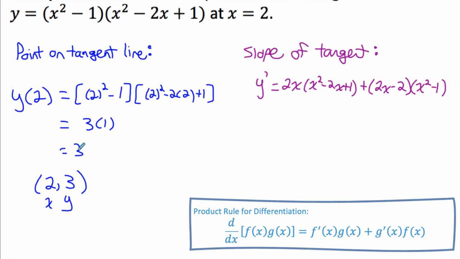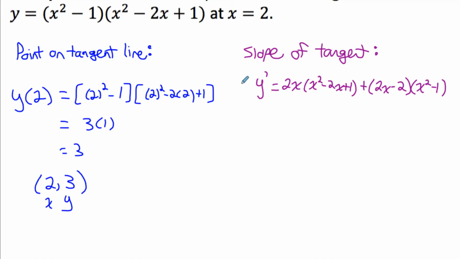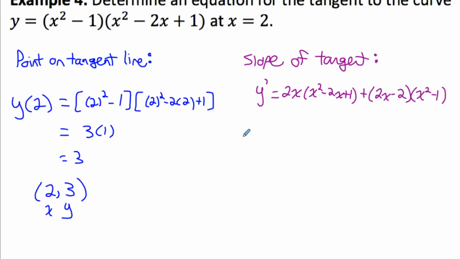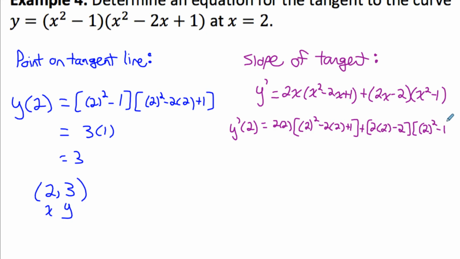Now, we can simplify this before we sub in an x value of 2 if you want, but I don't want to. Why don't we just sub it right into here? Let's find y prime at 2. So we'd have 2 times 2, 2 squared minus 2 times 2 plus 1, plus 2 times 2 minus 2, times 2 squared minus 1.